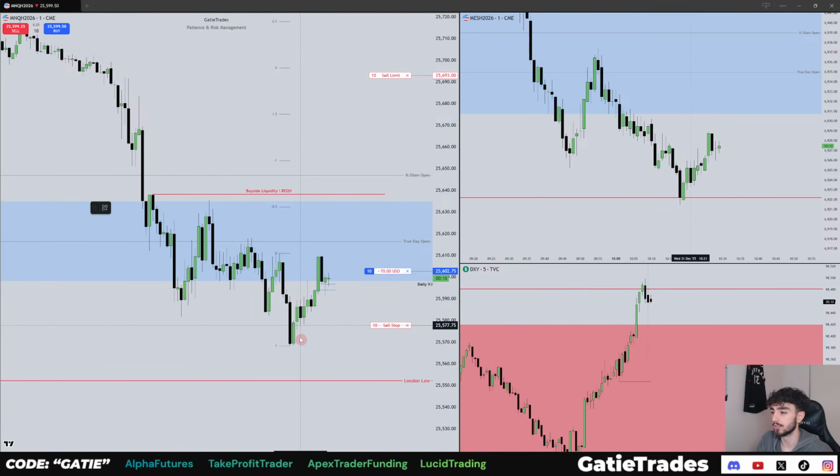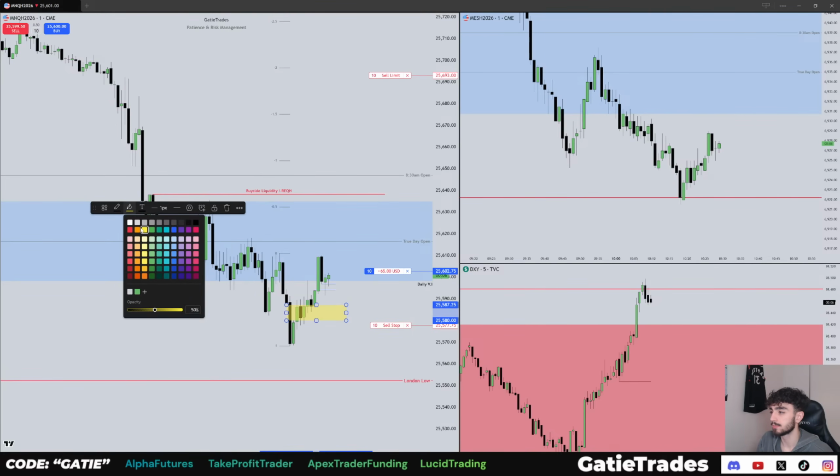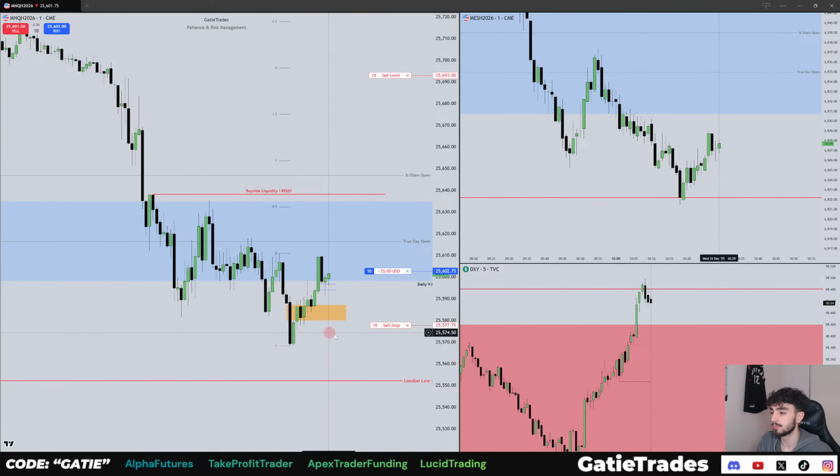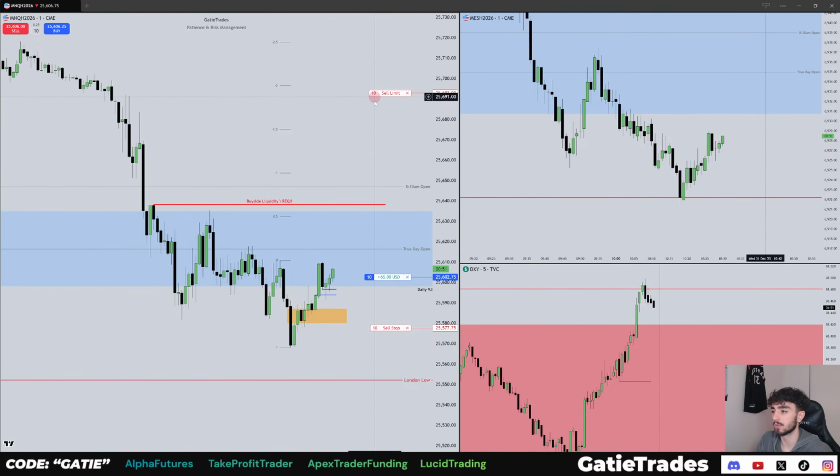Stops at the low of this inversion. It's OV 50% level. Obviously, we're aiming for quite a bit, but we're gonna try to add into this trade.